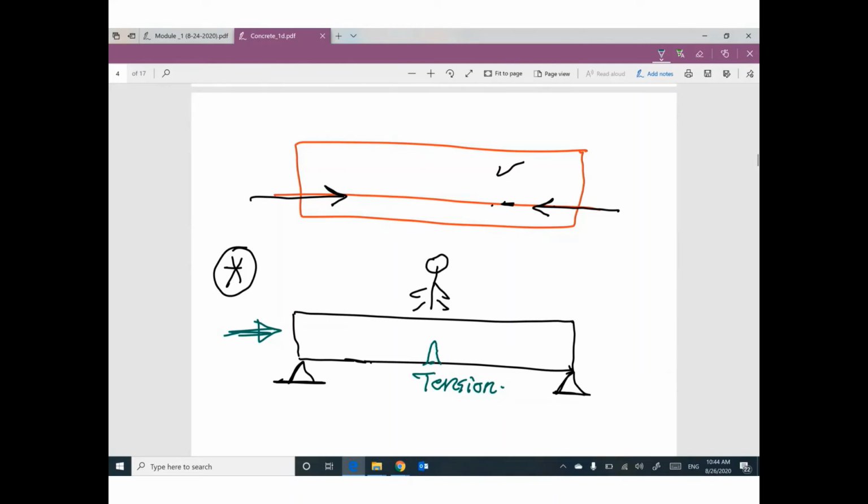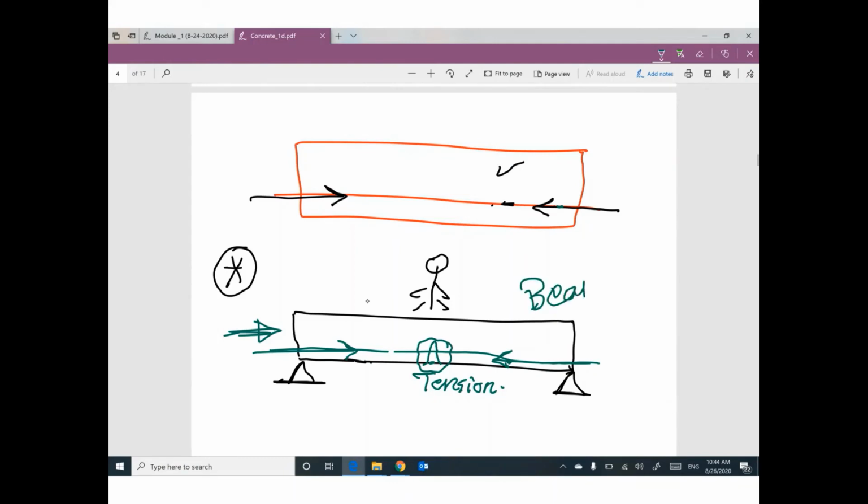What do you think if we add pre-stress? I think the cable here will add compression. So I think this compression will reduce, will close this tension crack. That's right. So your beam will be good.